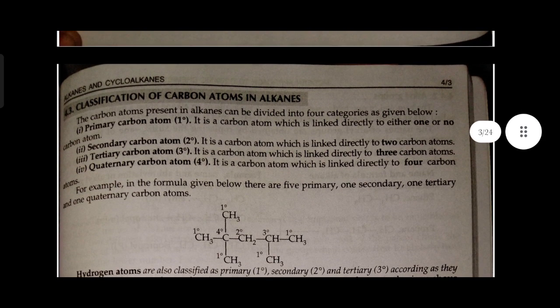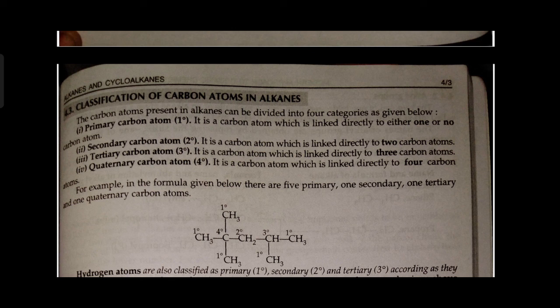Now, classification of carbon atoms in alkanes. The carbon atoms present in alkanes can be divided into four categories as given below. First, the primary carbon atom, called 1 degree. It is a carbon atom which is linked directly to either one or no carbon atom. Second is the secondary carbon atom, that is 2 degree.